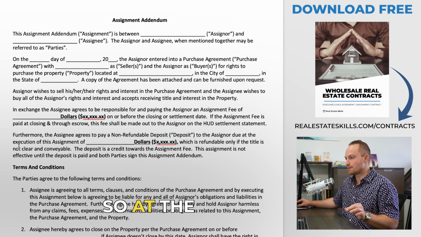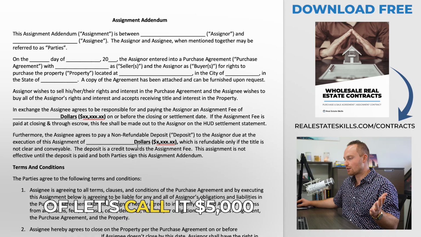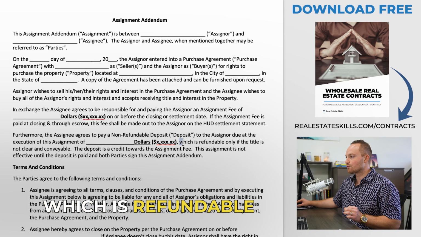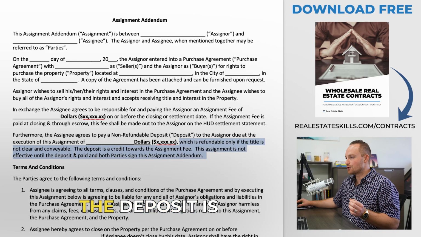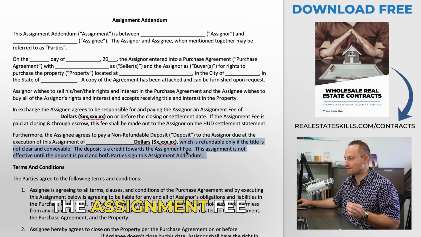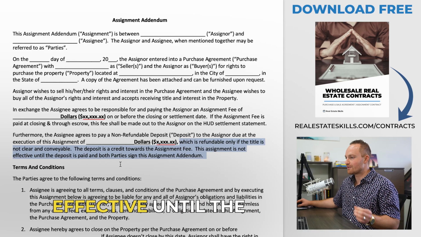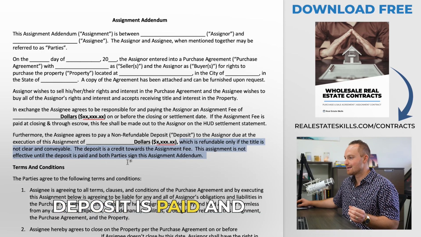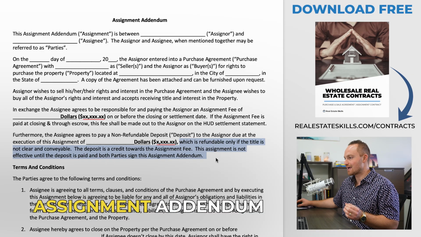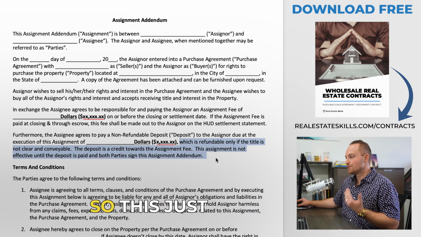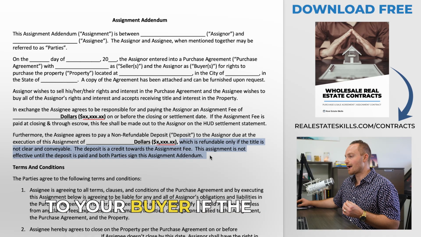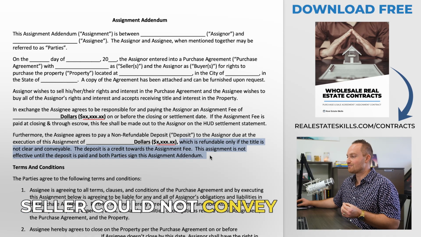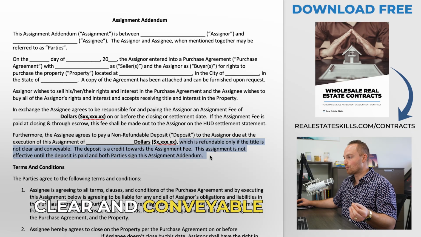So at the execution of assignment of, let's call it $5,000, which is refundable only if the title is not clear and conveyable. The deposit is a credit towards the assignment fee. This assignment is not effective until the deposit is paid and both parties sign this assignment addendum. So this just means that this would be refundable to your buyer if the seller could not convey clear and conveyable title, right?